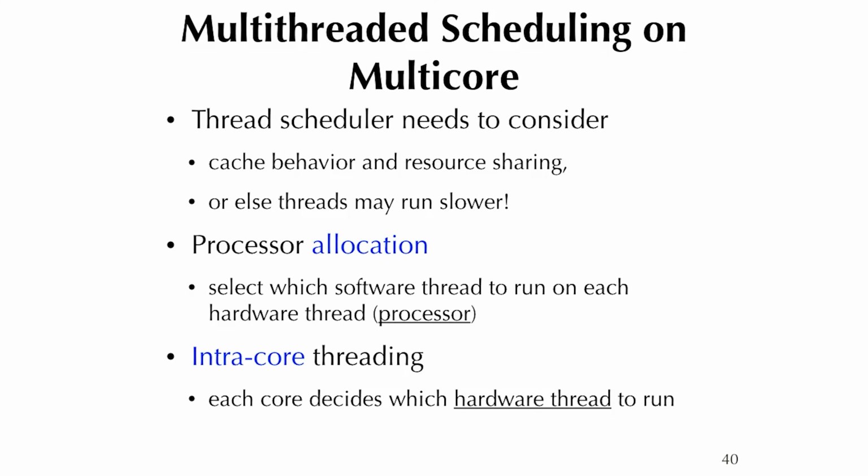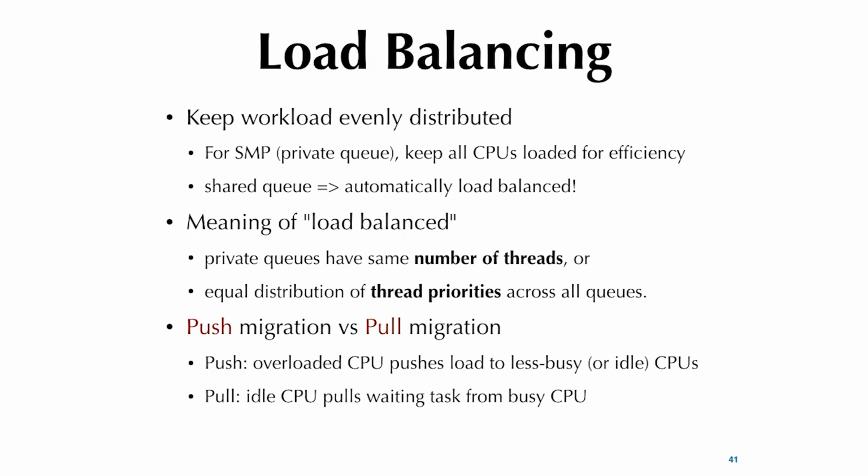This is more of an intro course, but okay, so now load balancing is another important consideration for these processors, multi-core processor or multiprocessor, because you have these processors available, and the whole point is you want to keep them utilized. Otherwise, why pay extra price for those processors, right?